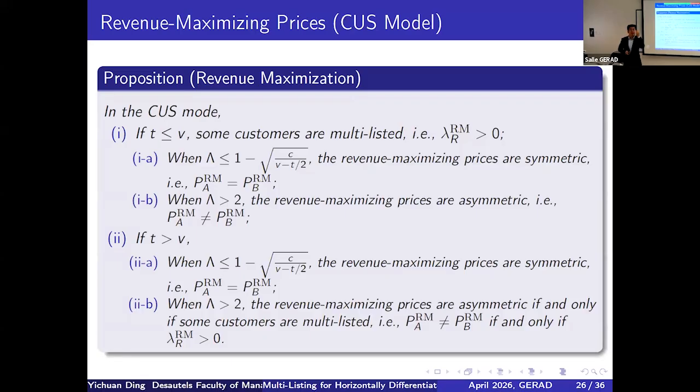It's exactly their surplus, the customer surplus. So maximizing the consumer surplus and maximizing the revenue are equivalent. That's why the revenue maximization point has the same structure as the social welfare maximization point. They both, in certain cases, may use asymmetric pricing.